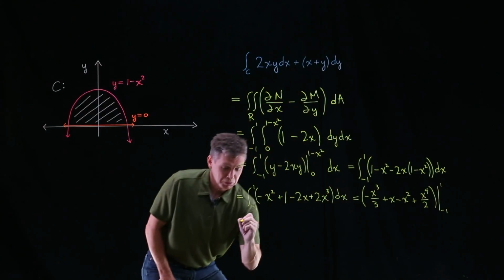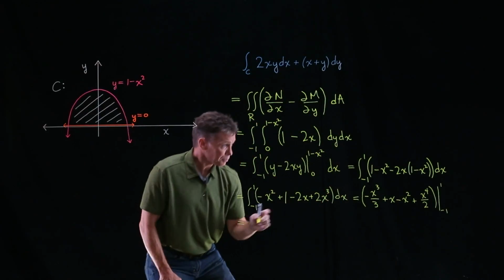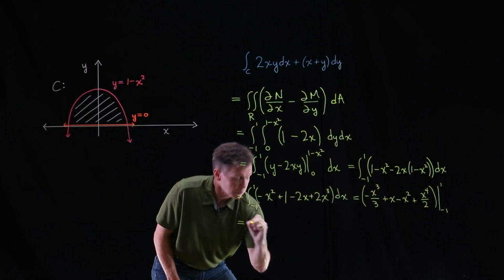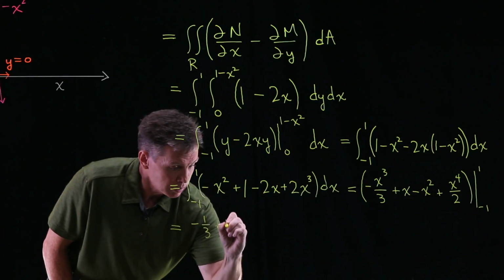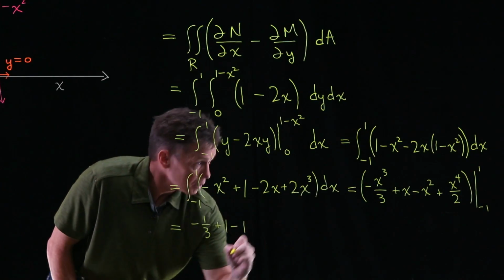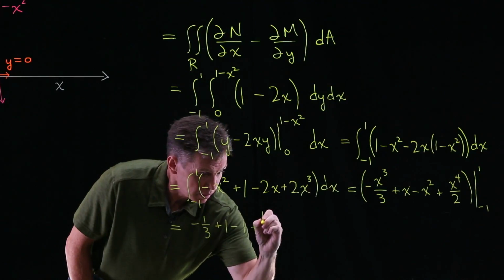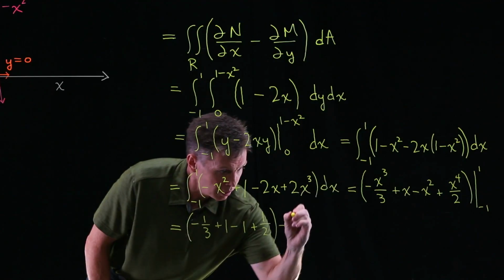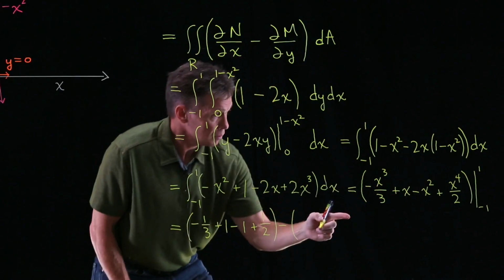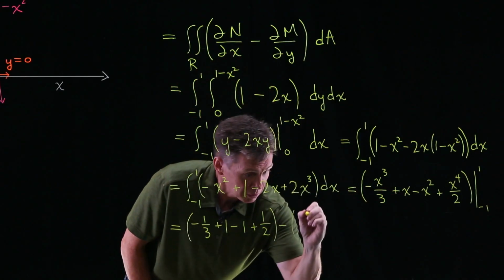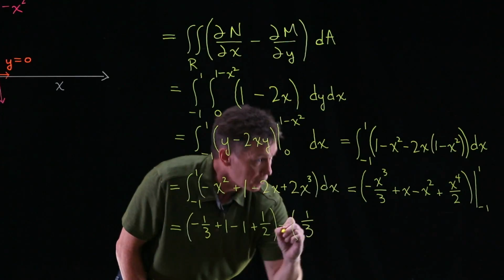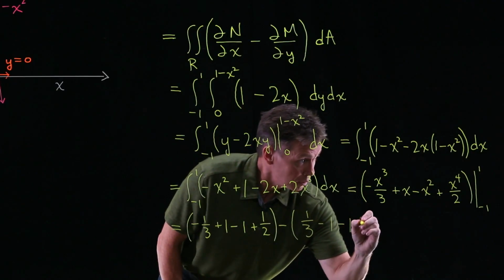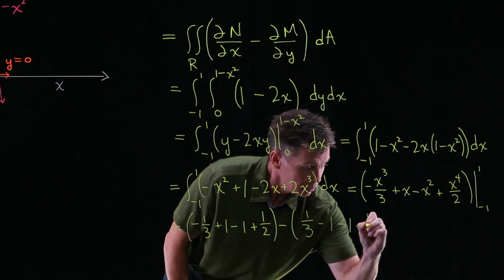A little bit more work, but it's really just arithmetic at this point. Let's put in that top value of 1: minus 1/3 plus 1 minus 1 plus 1/2. And subtract what happens when we plug in the lower limit. -1s, that's going to be a -1/3, but actually positive with that minus in front. Minus 1 minus 1 plus 1/2.